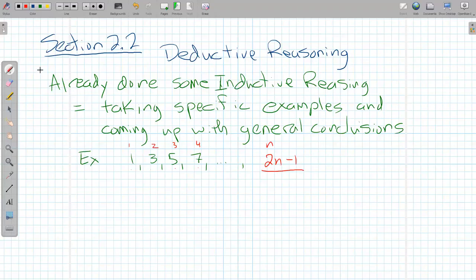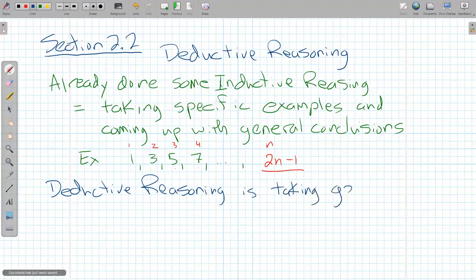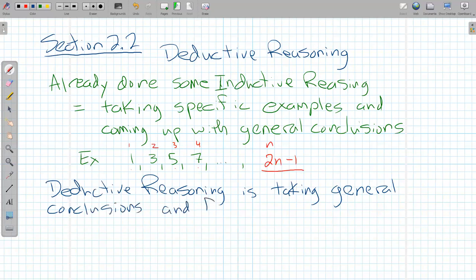Deductive reasoning, on the other hand, is kind of the reverse in a sense. It is taking general conclusions and then with those forming specific facts, say.